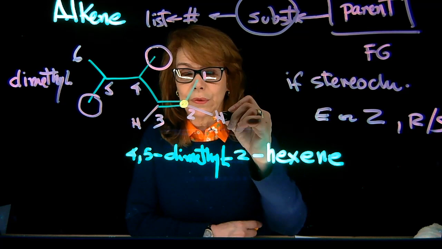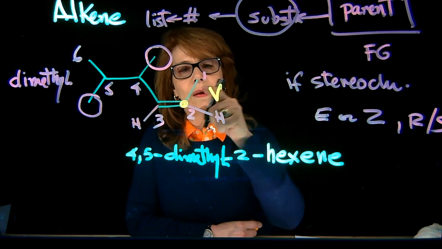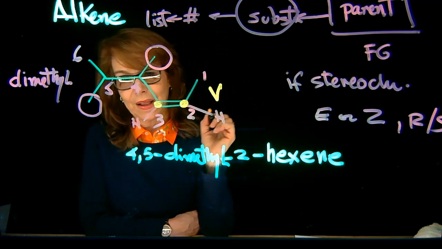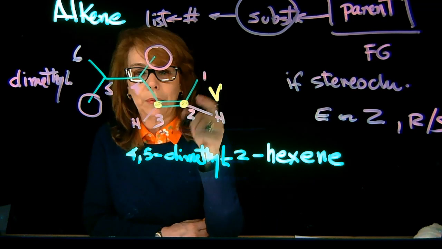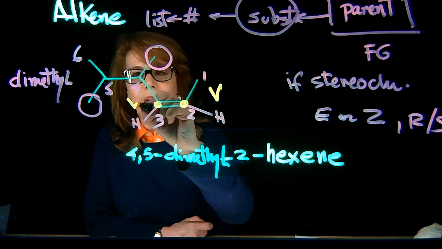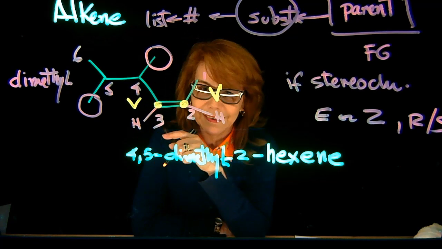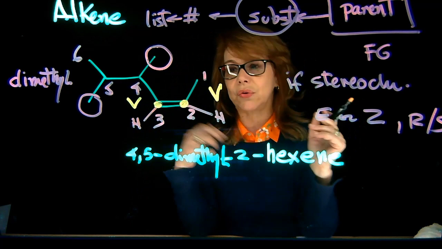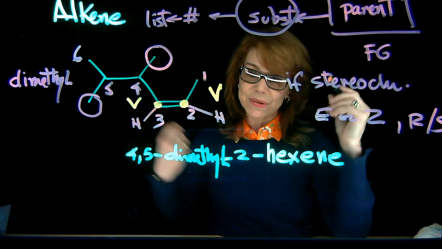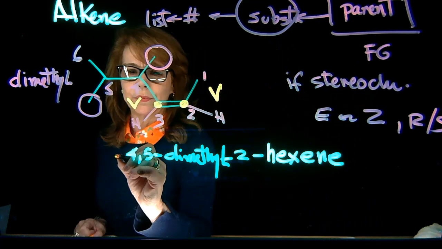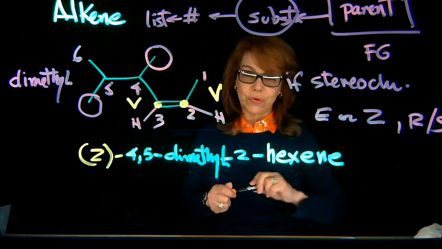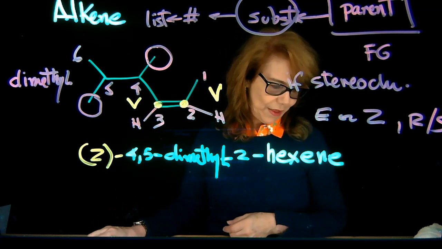Carbon has higher priority over hydrogen. Let's look at the other vinylic carbon in the double bond. Here, attached to carbon, and here attached to hydrogen. So again, higher priority is the carbon. So we see that we have the two highest priority substituents on the double bond on the same side. So this is going to be the Z configuration. That completes the name for that compound.